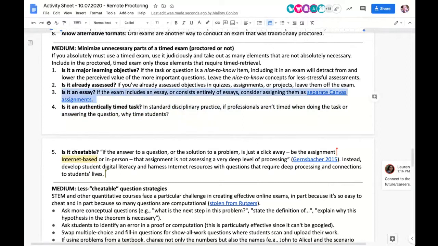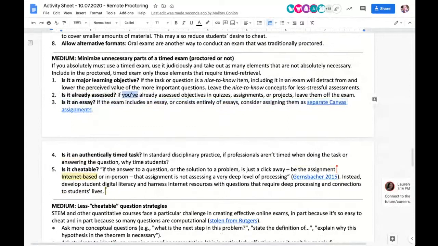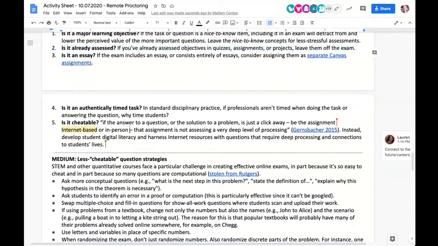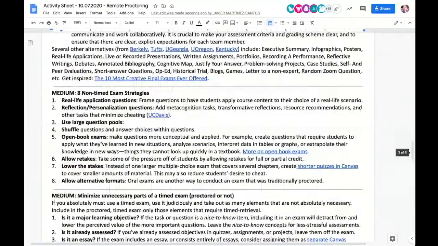Essays probably do not need to be timed for the most part. If you've already assessed things, do you need to do it again? And then again, my favorite one, if it's cheatable, if it's very easy to get an answer, why do a timed thing? Why not harness the time and say, go spend all the time you want and just give me a really good answer that's full of that deep level of processing. Good, thank you.